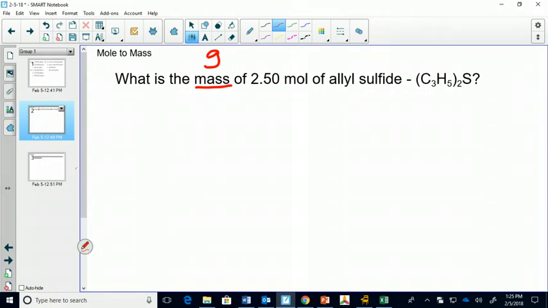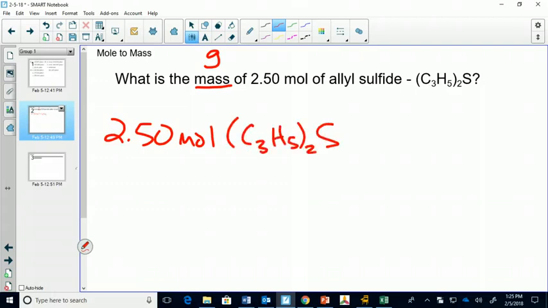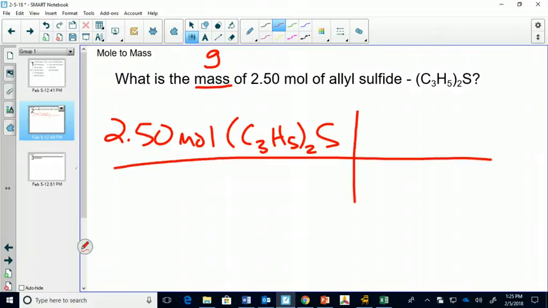We use our skeleton, right? So I start with 2.50 moles of my allyl sulfide, and it's C3H5 times 2 and an S. And I want to get to what units? I want to get to grams, right? I'm in moles to start with. I want to get to grams.